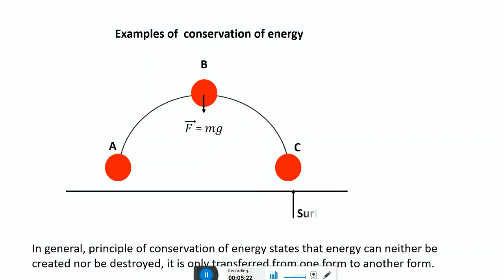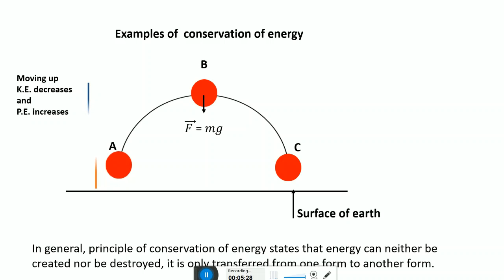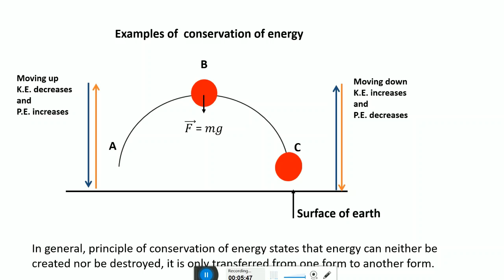This is Earth's surface. The ball moves from position A to B, B to C. Then what happens? As the ball moves from A to B, kinetic energy decreases and potential energy increases. And from B to C, its kinetic energy increases and potential energy decreases.